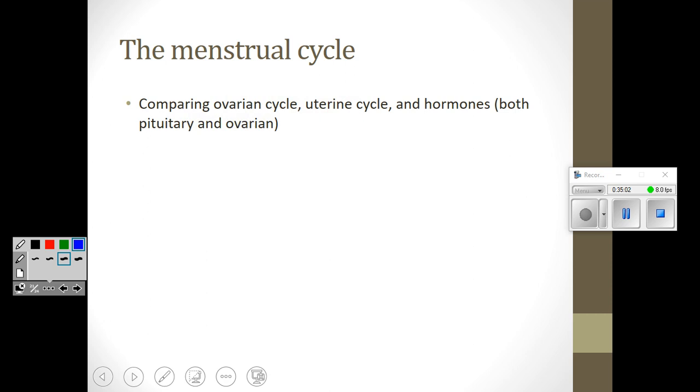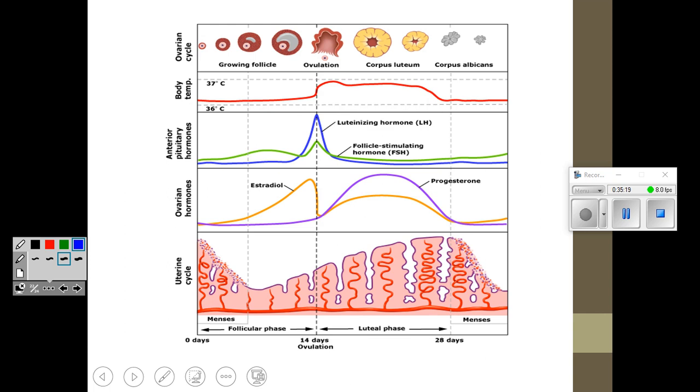Now, what I think is really useful is to compare the ovarian, the uterine, and the hormone cycles so that you can see what's happening with all of them at the same time. So at the bottom of the page in your handout, there is this graph, but with nothing filled in on it.